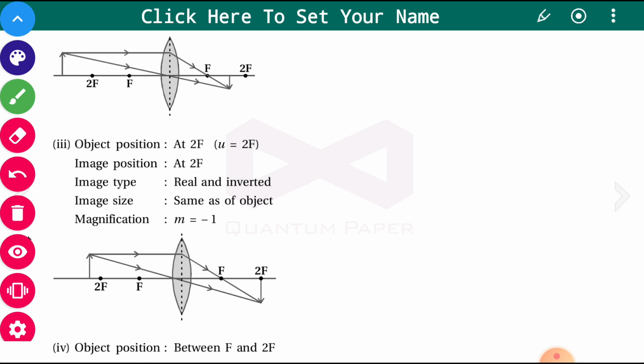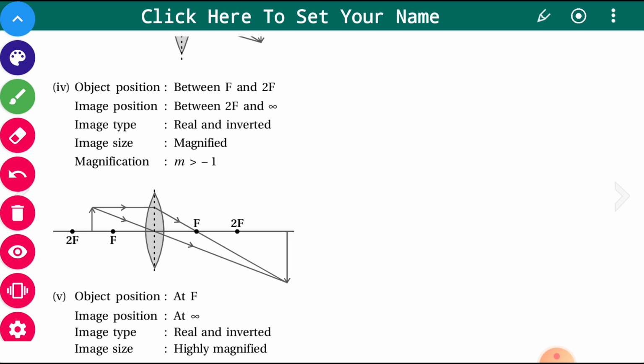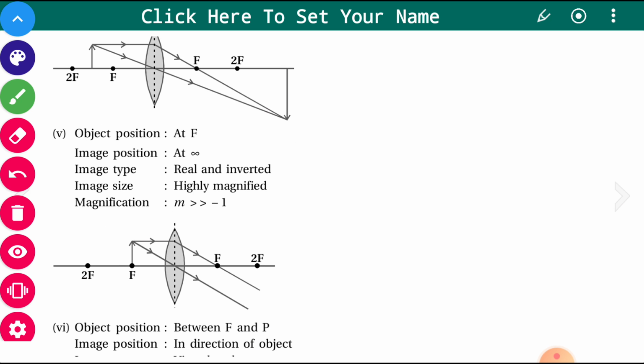Similarly, if the object is on 2f, then its image will also be on 2f, real, inverted, and of the same size. If the object is between f and 2f, then its image will be beyond 2f. You can see this is also inverted, real, but the size is more than the object. It is an enlarged image.